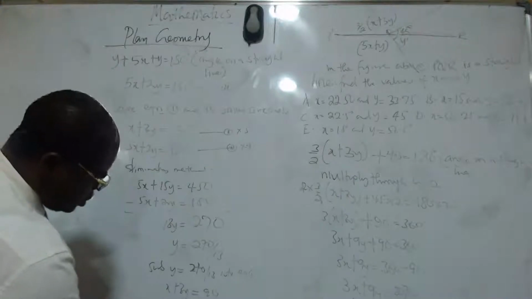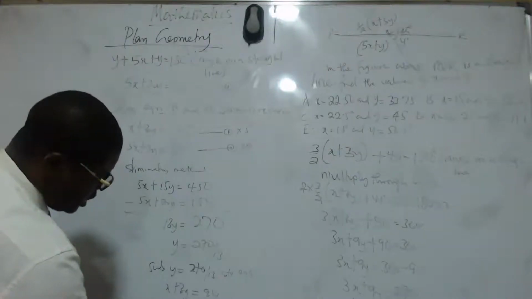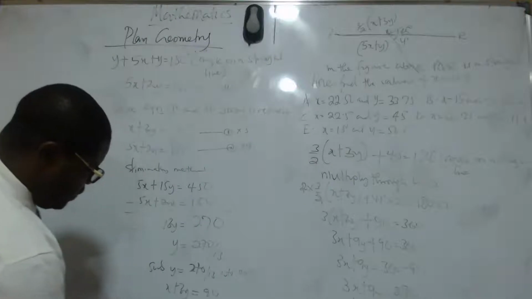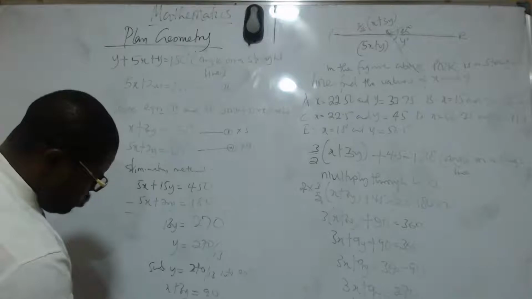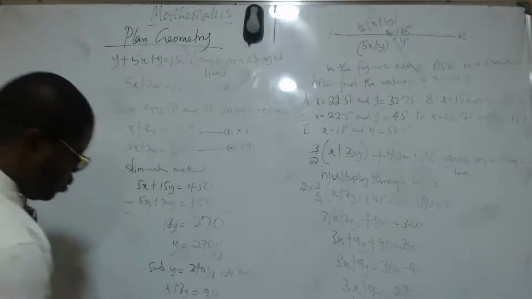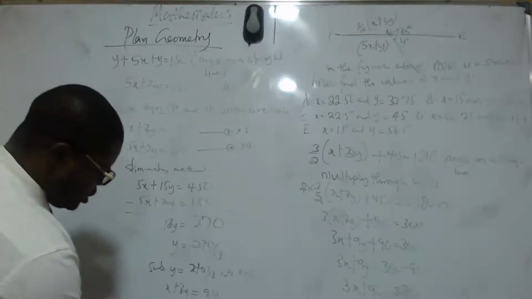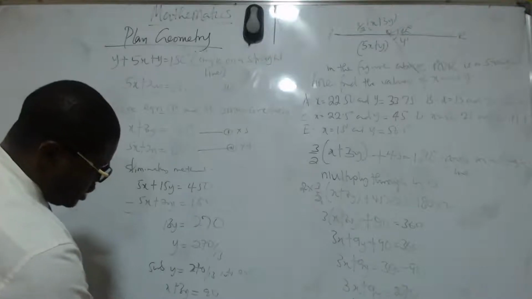So 3 bracket 270 over 13 equals 90. So X equals what? 710 over 13 equals 90.